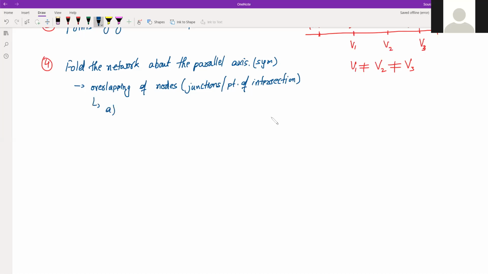First, it is 5 and 6, second, 2 and 4, and third, C, it was 7 and 8 that are overlapping.